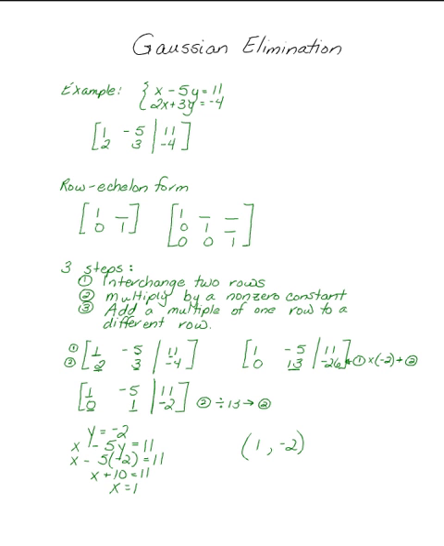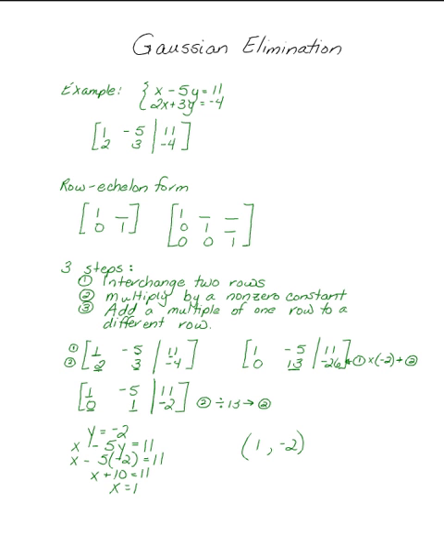Now again, step 1 is to get a 1 in this very first position. As I see this, we have a couple of choices. The easiest choice, I think, is to just interchange. If you already have a 1 somewhere in the first column, just interchange the two rows and put that 1 in the very first row instead. So I'm going to interchange row 1 and row 2.